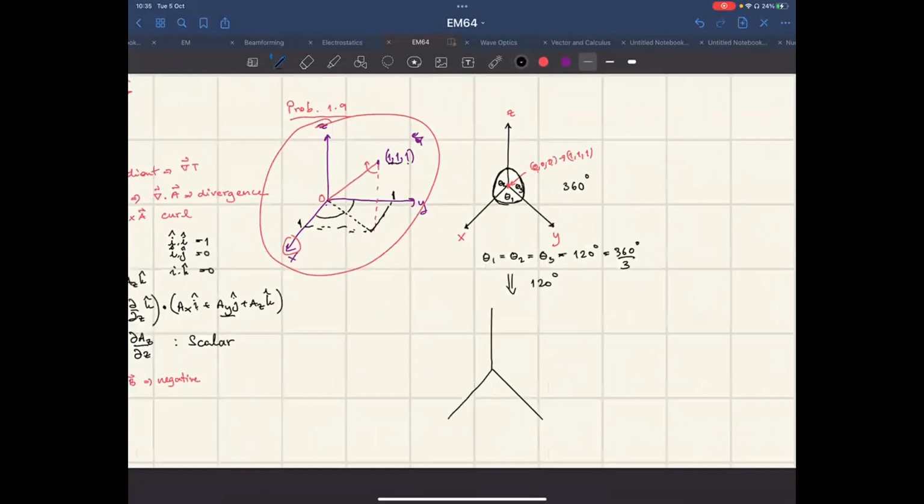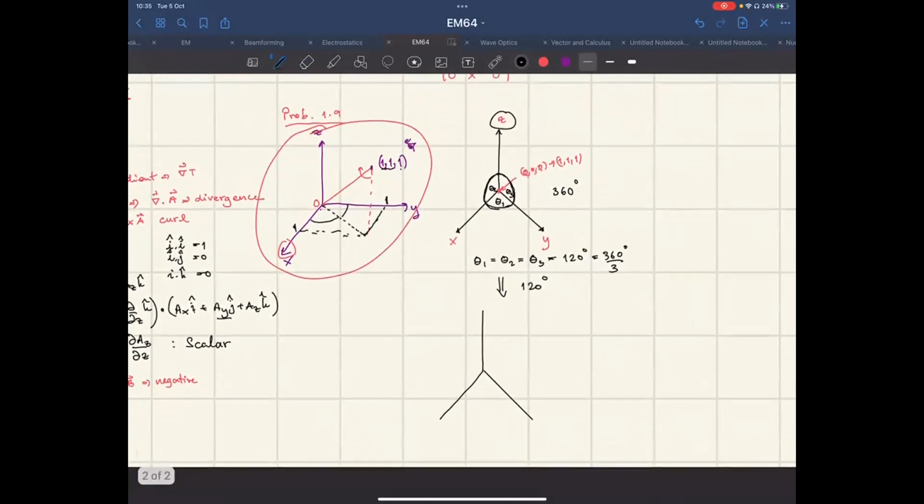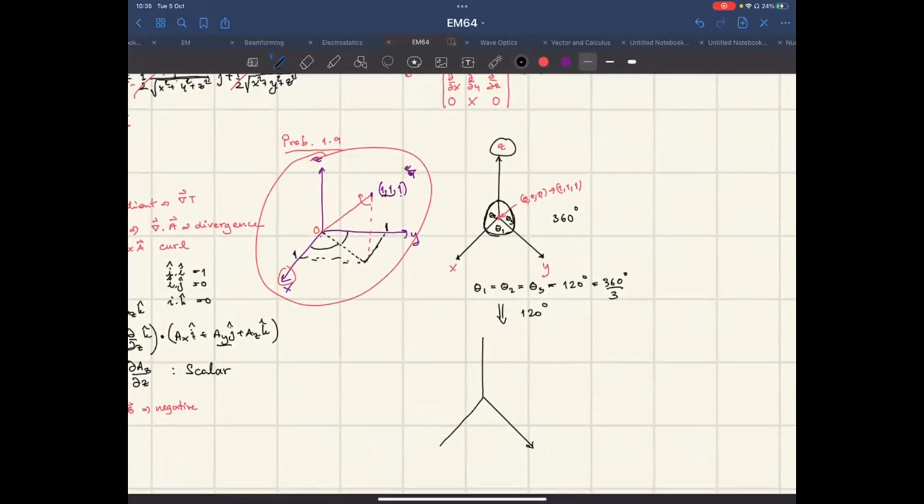Now, if this one was Z, after the rotation it becomes Y here. So this Z will come up here, and Y will come to here, and X will come to here. Can you see that after the rotation? So y moves this way, x moves this way, and z moves this way. So x is replaced by y, z is replaced by x.